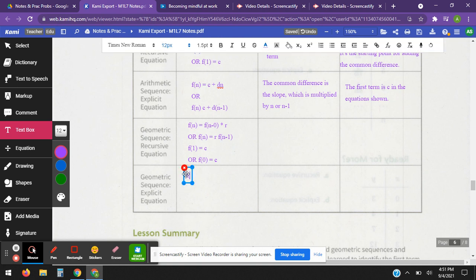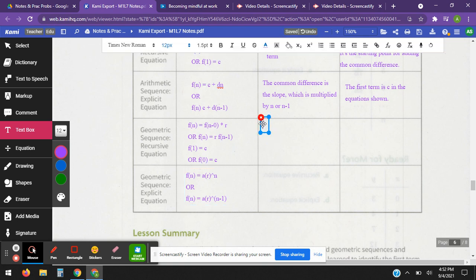We have f of n equals a times r to the n, or f of n equals a times r to the n minus 1, right? It's usually to the n or the n minus 1.